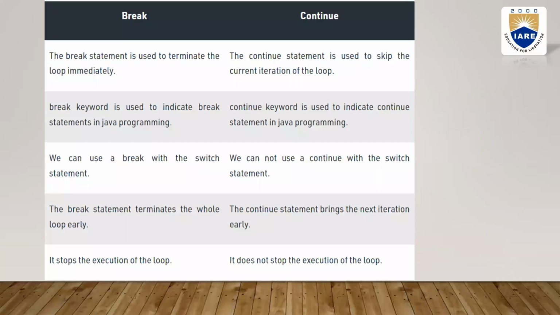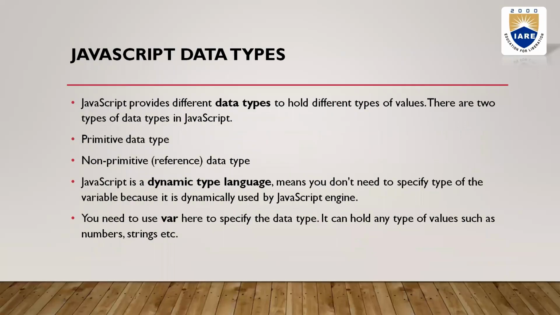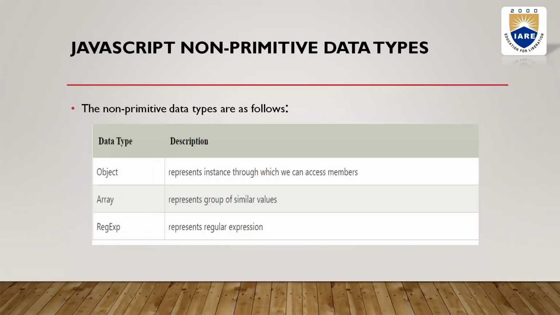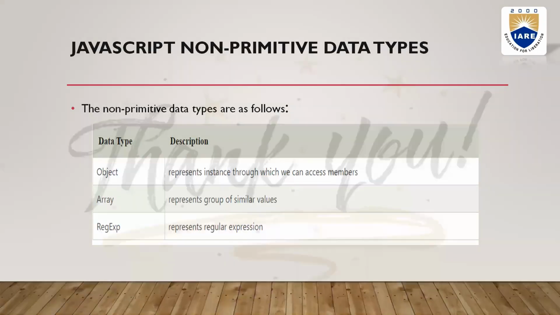These are the major differences. And in JavaScript, you have two types: primitive data type and non-primitive or reference data type. In primitive data types, you have five types. In non-primitive, you have only three types.